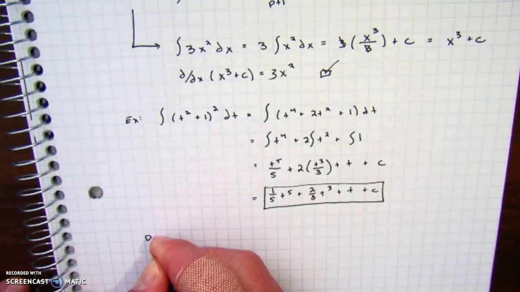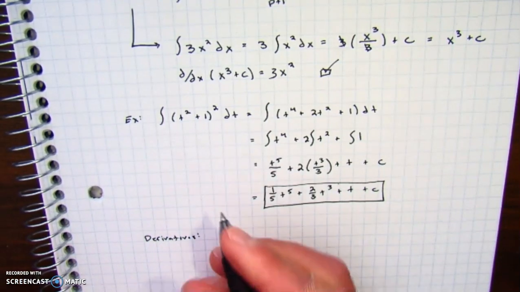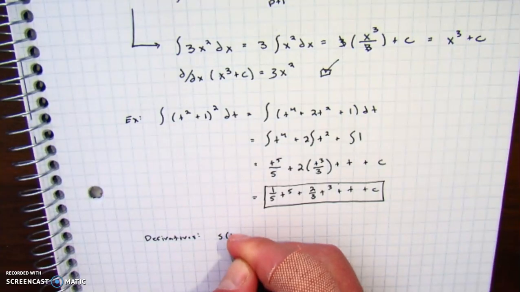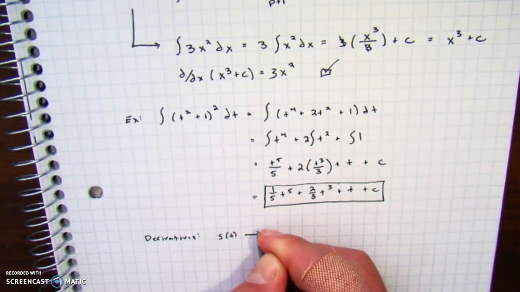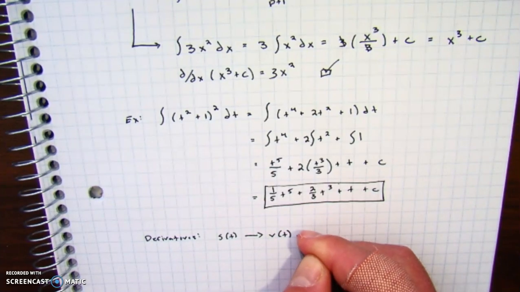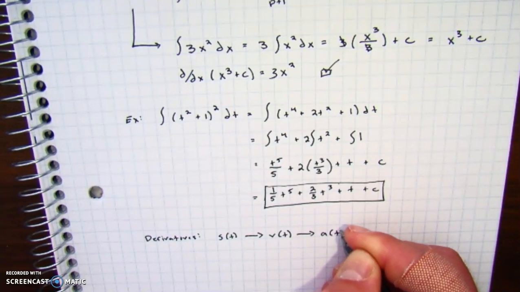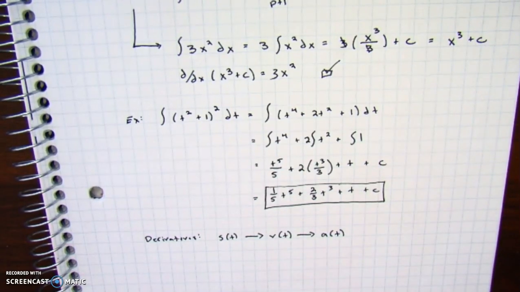Remember we talked a little bit when we do derivatives, if you have a position function and then you take the derivative of it, you'll get the velocity. And you take the derivative of that, then you get the acceleration. So it works backwards then with integration.